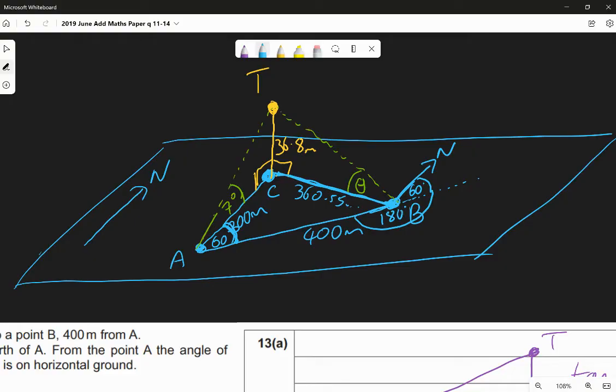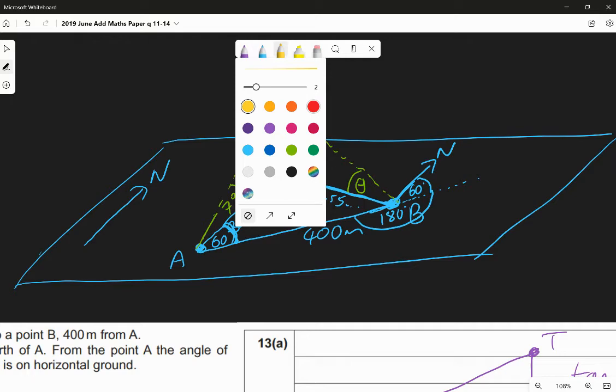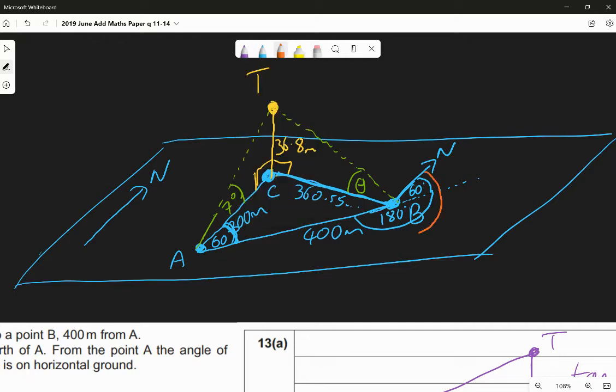And since the bearing is an angle measured clockwise from north, then the angle I really want is this orange angle clockwise from north all the way to there. So all I need to find is the final angle at B in this triangle. So this angle here, let's call that alpha.